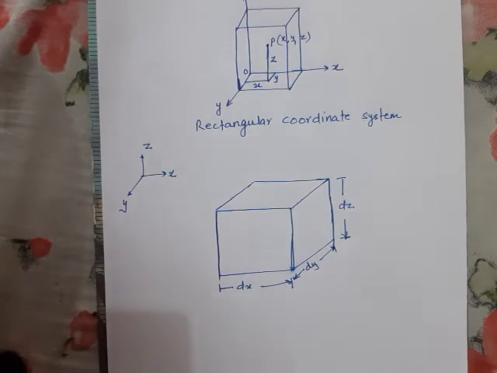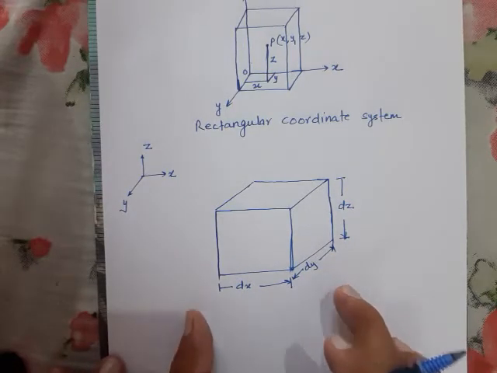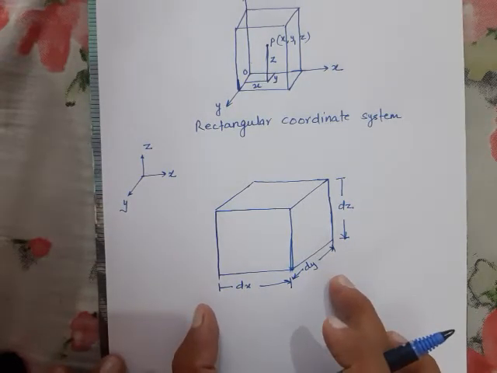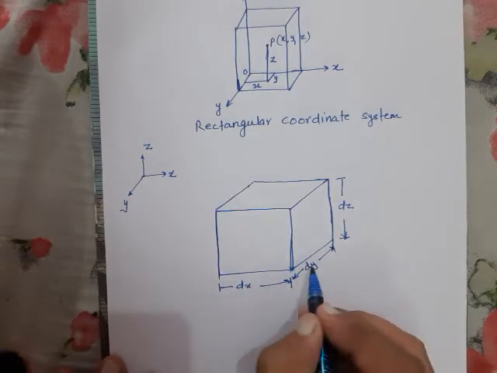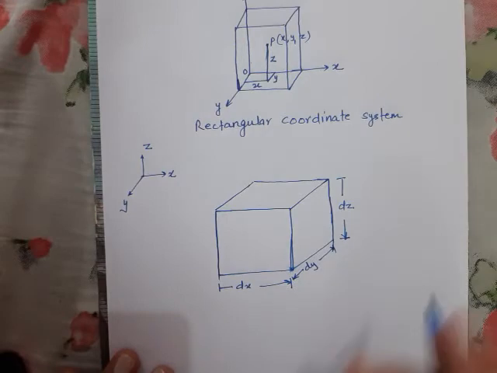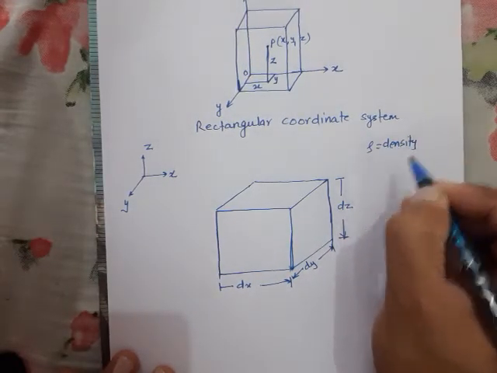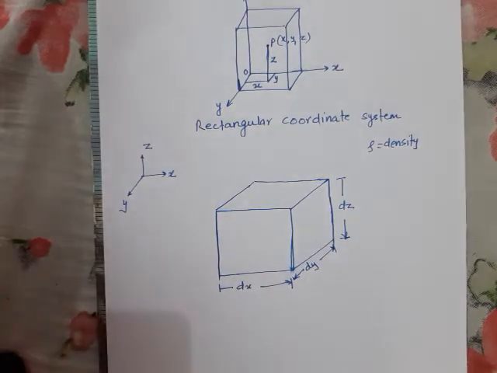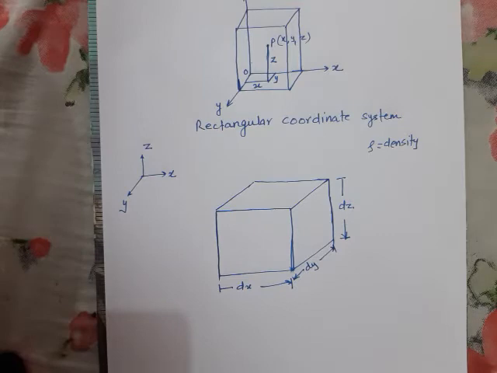So for deriving the generalized heat conduction equation in rectangular coordinate system, I consider a rectangular volume element defined by its dimensions dx, dy, and dz. Also, let rho be the density of the material of the element, that is, the density of the body from where I have cut this volume element.